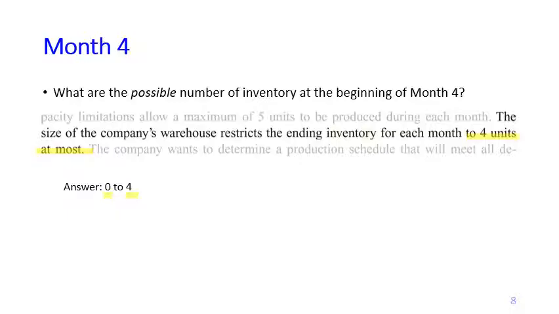Or at the other extreme, maybe we see no items at the beginning of month 4, right? Because somehow we just don't store any item at the end of month 3. Okay, so remember that we don't know yet which number is the actual number or the optimal number, because we're still talking about possible numbers. So the possible number of inventory at the beginning of month 4 is 0, 1, 2, 3, 4.